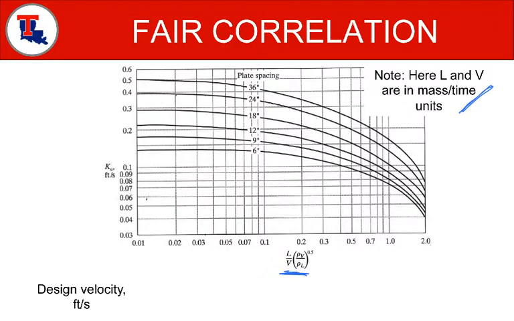And look at the different curves. This is for the 6-inch spacing. So this is for plate spacing. So between two trays, you got to figure out some spacing. Okay? How do you figure out that spacing? Typically, it depends on, and manufacturer specifications will also tell you this.